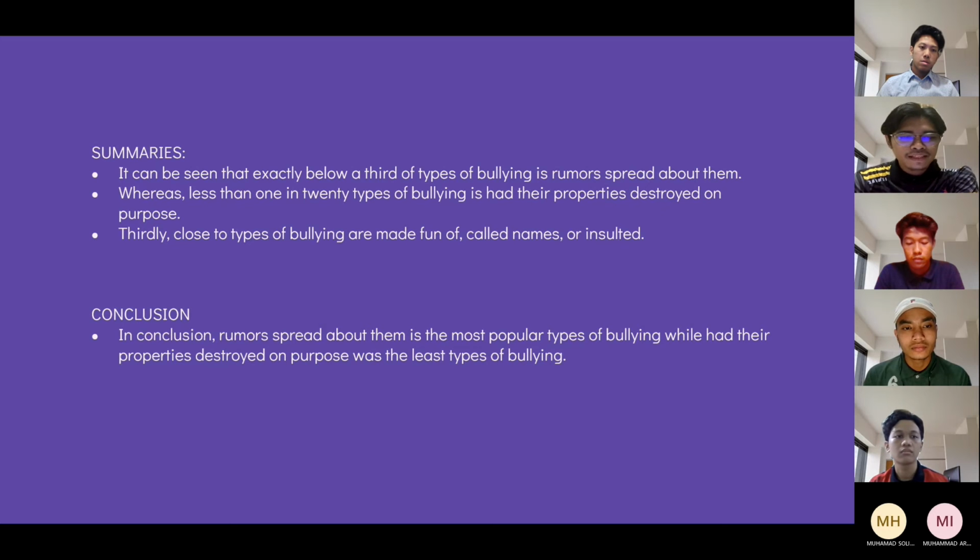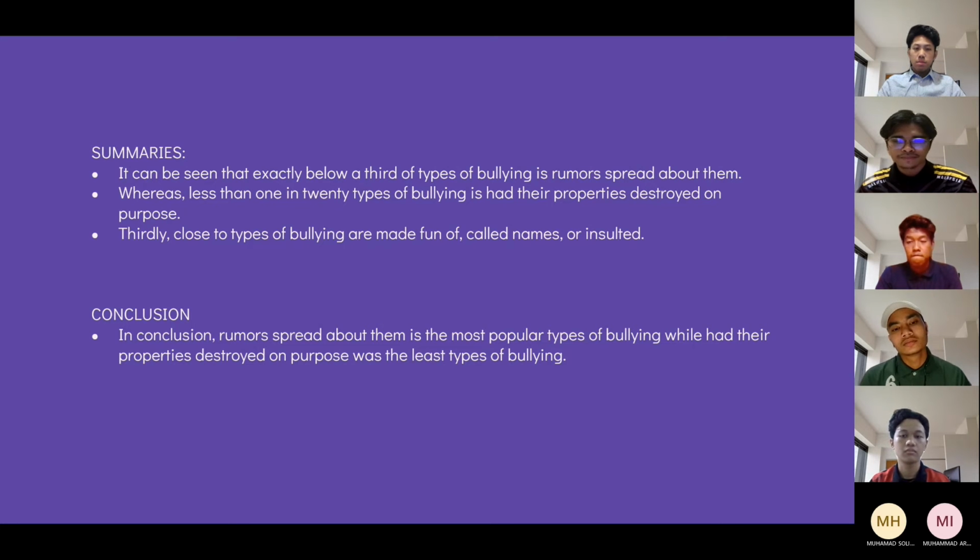It can be seen that exactly below a third of bullying is rumors spread about them, whereas less than 1 in 20 is having property destroyed on purpose. Thirdly, close to that are being made fun of, called names, or insulted. In conclusion, rumors spread about them is the most popular type of bullying, while having property destroyed on purpose was the least.